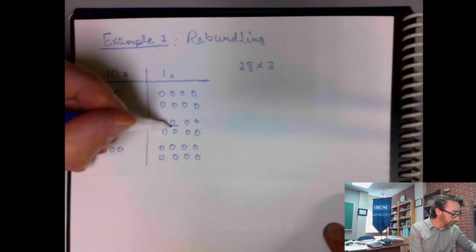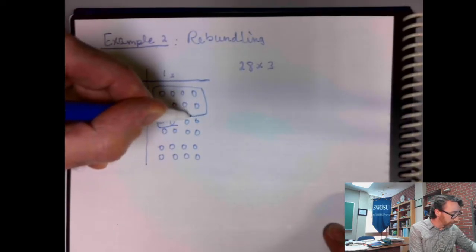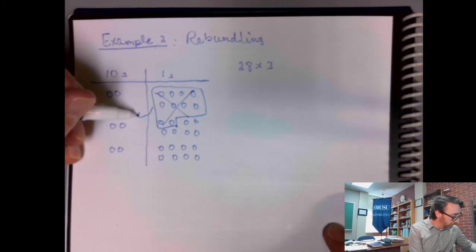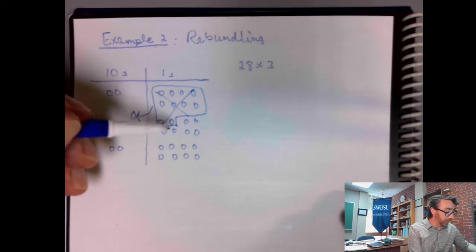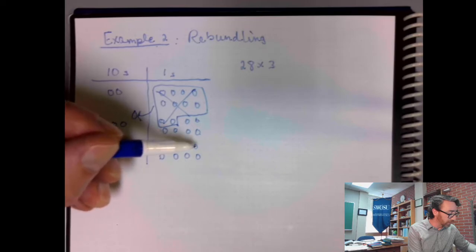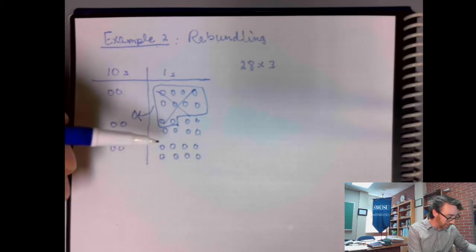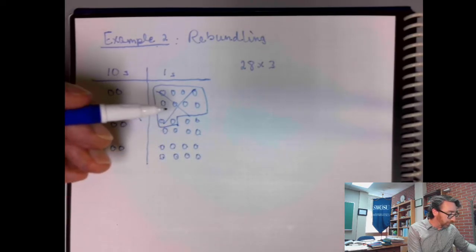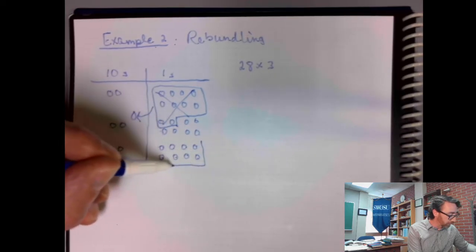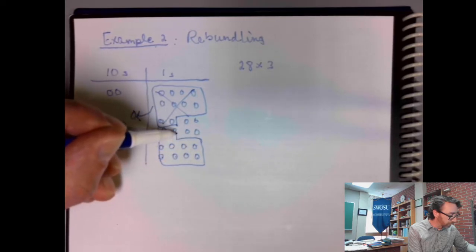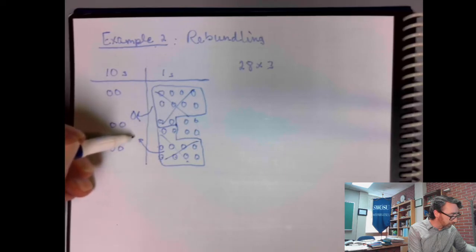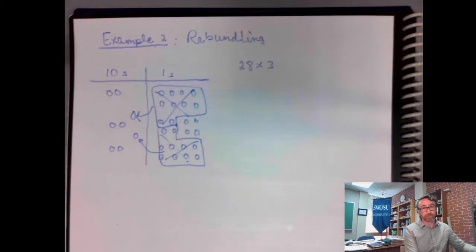Well, there's a group of 10. I can take those and trade them in for a tens chip. I've still got too much though. I've got 14 chips left over. So I'll take another 10 and trade those in for 1 over here.